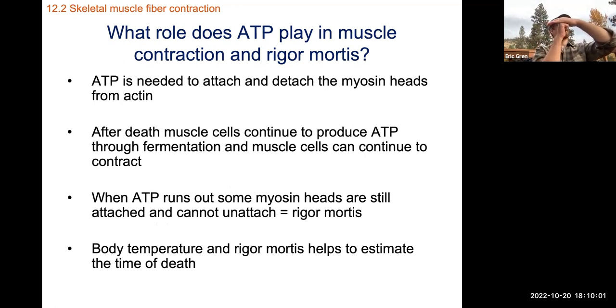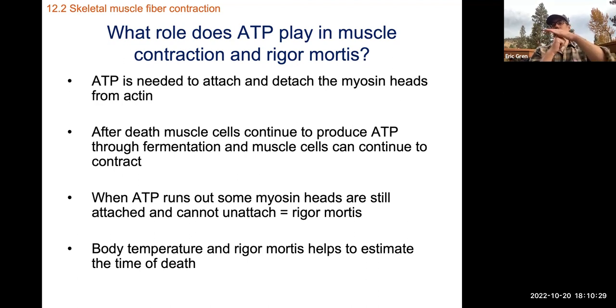And because we need to spend ATP not only to get the myosin heads to attach to the actin in the first place and to flex, but also it actually requires ATP to cause them to release. And so if you've used up all of your ATP, the organism's passed away, you're no longer bringing in oxygen, there's no cell respiration happening, you can't make more ATP.